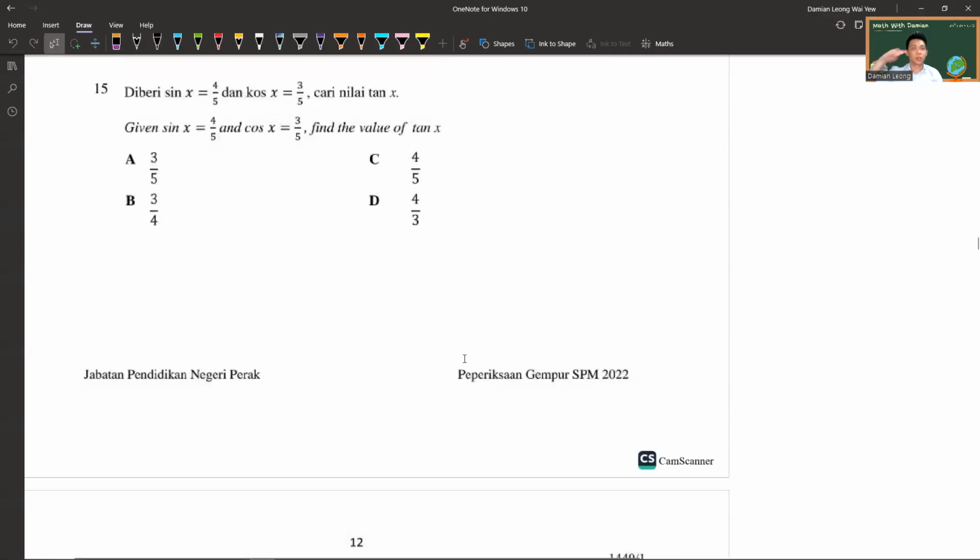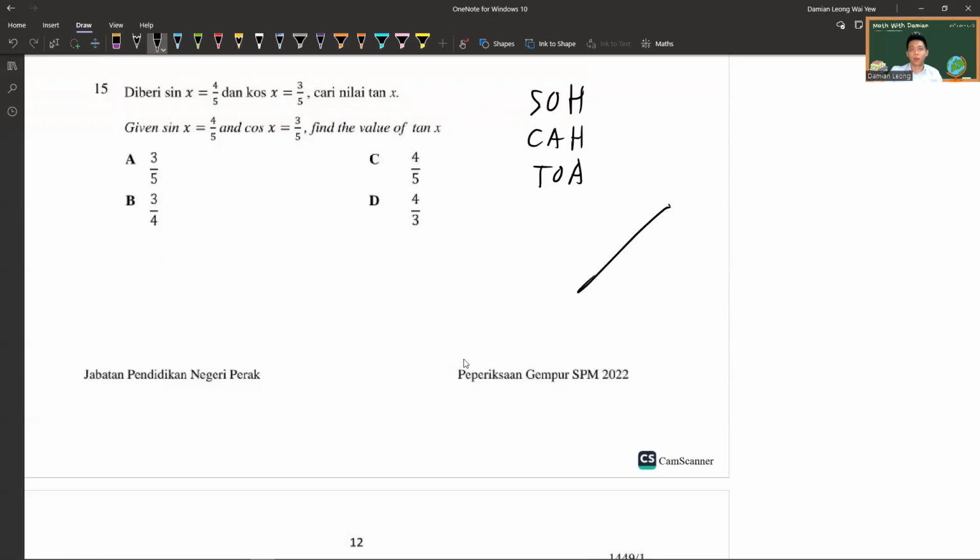Then question 15. Given sine x is 4/5, cos x is 3/5, I want to find the value of tangent x. Actually very simple. If you look at SOHCAHTOA, this is very, very simple in fact, because they give you two of it.